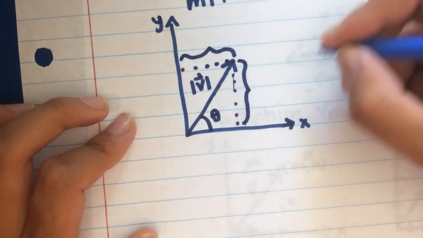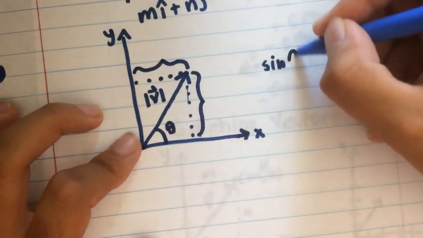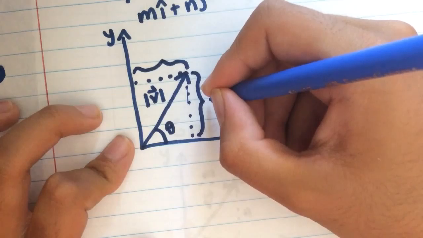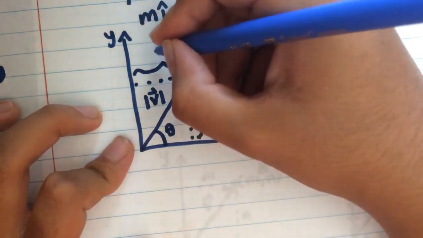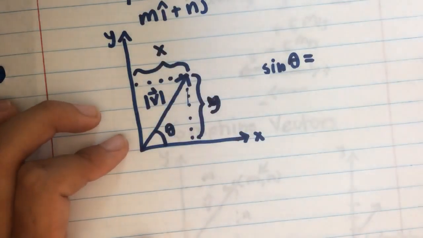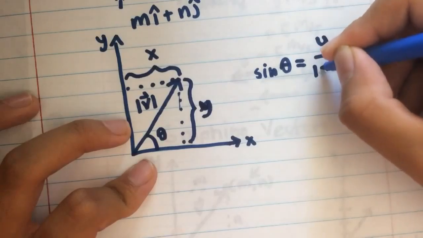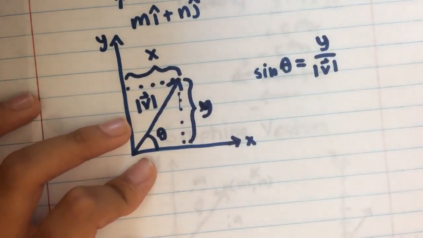So let's use trigonometry. So we have sine theta equals, let's call this y component y, and this x component x. So we have sine of theta equals y over the magnitude of v, because opposite over hypotenuse.